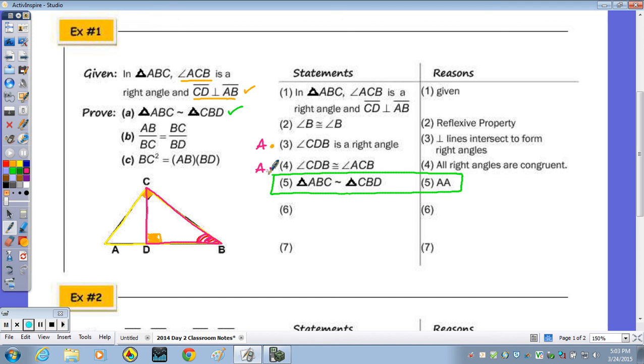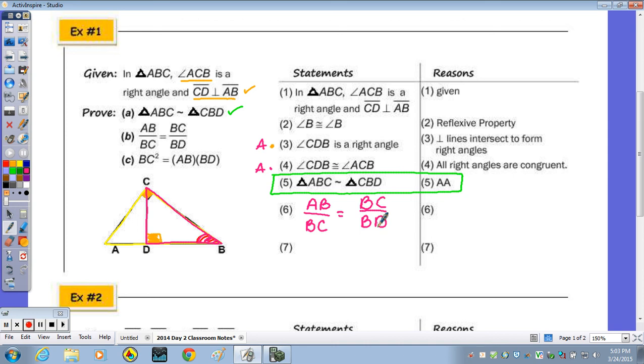Now, in the triangles, I want to prove my next step. So given two similar triangles, we know from last class and from the reading that in two similar triangles, corresponding sides are proportional. So the next step in the proof would be AB to BC, which is what we wanted to show in part B, is equal to BC to BD.